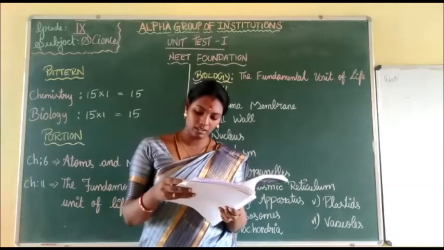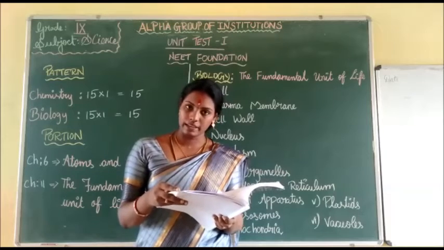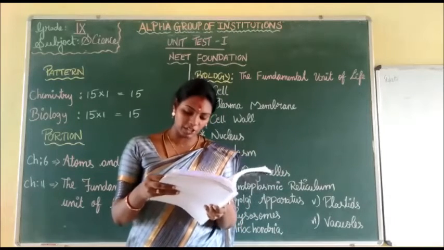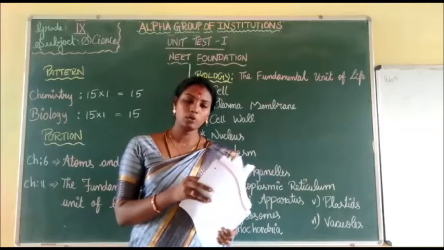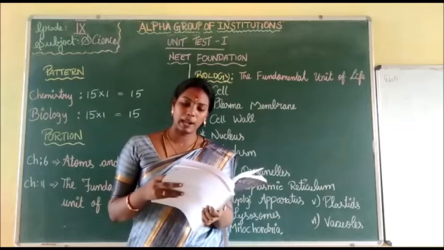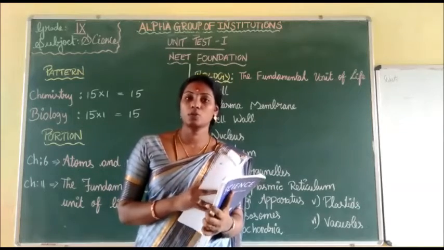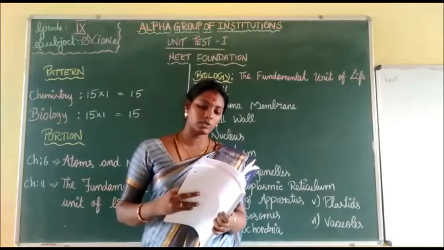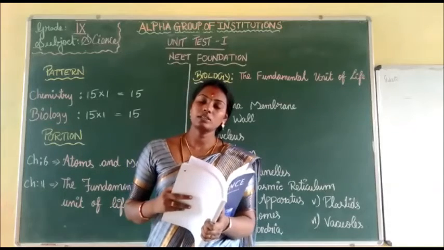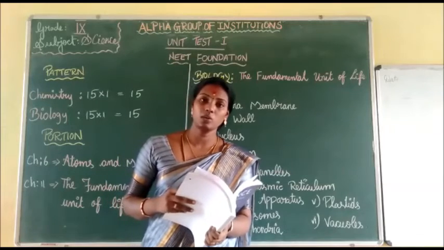Schilling, Purkinje, Virchow, Robert Hooke. Yes, it is Purkinje only. Absorption of water by plant root is an example of osmosis. Through the osmosis process only, the plant root absorbs the water.